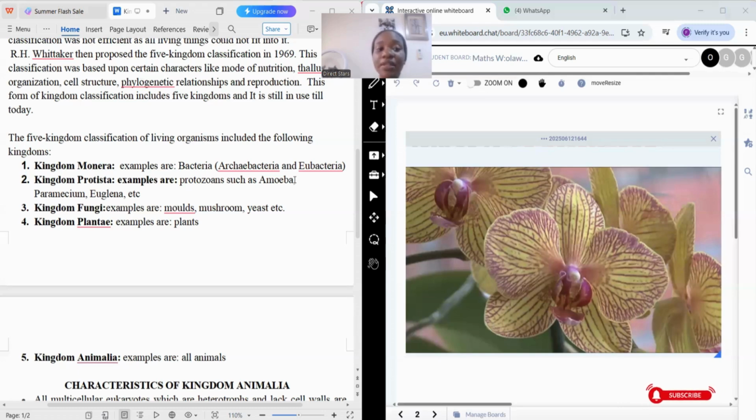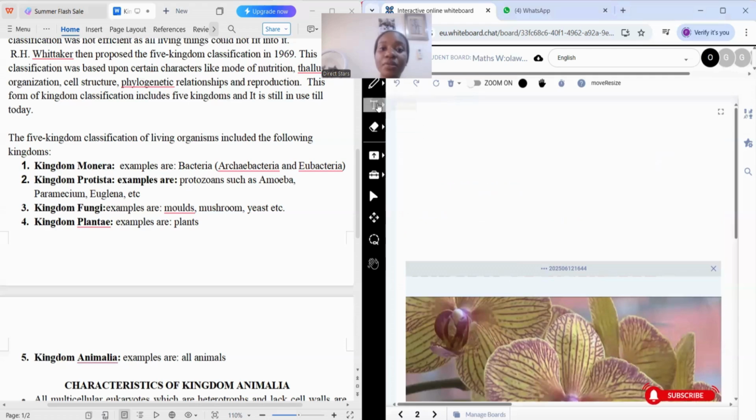Next comes Kingdom Protista. Examples of the Kingdom Protista are the protozoans. When we talk about the protozoans, we're simply talking about the protists.